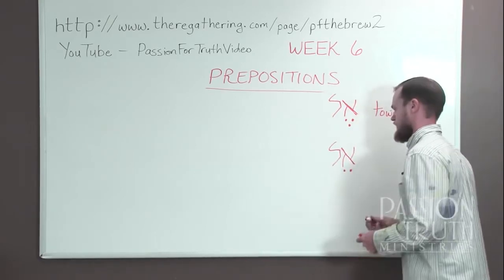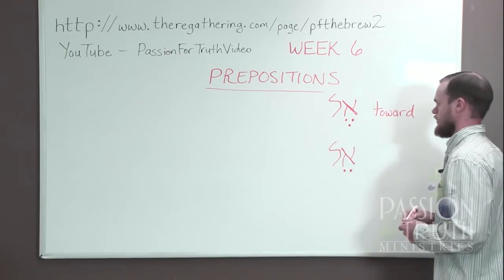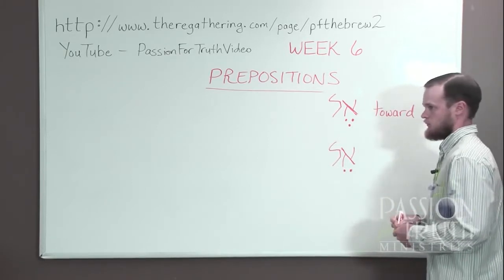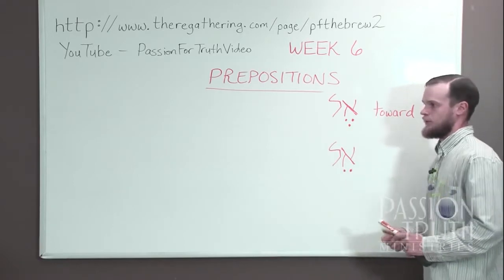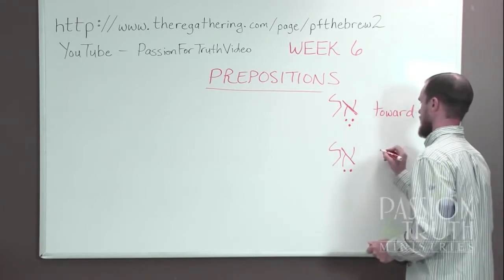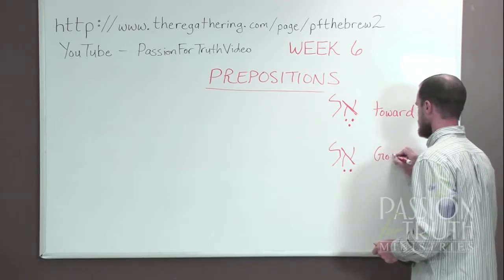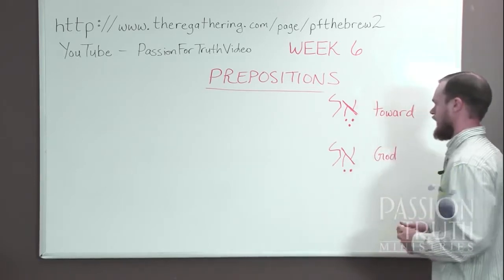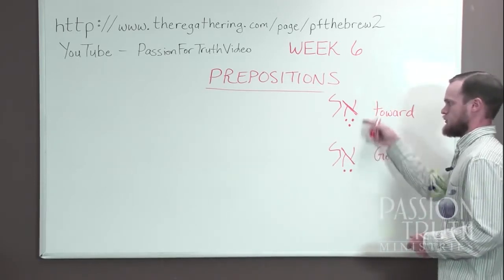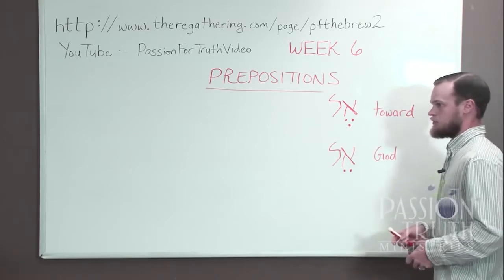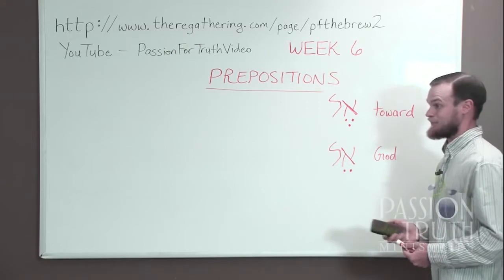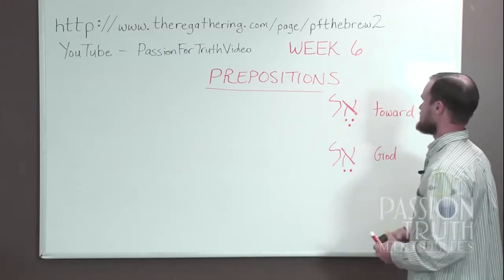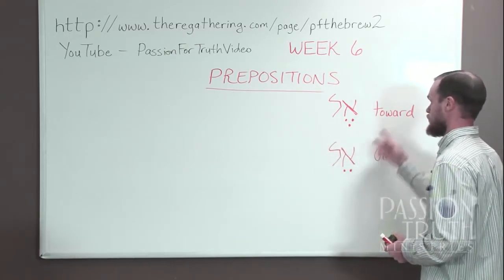Now you'll hear this also pronounced El, although I would pronounce it Ale for the long A of the Tzera. And El is a short form of Elohim. So El would mean God. Now in context, it'll be pretty obvious which one of these is intended, but just be aware that they're both basically spelled the same way. But this El is the preposition toward.